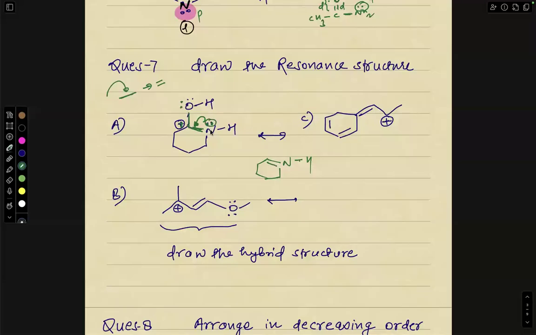You can see this bond has electrons, so it would become double. Nitrogen donates its lone pair of electrons, so nitrogen would be electron deficient, and it has a positive charge because it donated its lone pair of electrons. The C=O would remain the same. This oxygen has a lone pair and H. So this is the condition when nitrogen is going to donate. Clear? Now the second condition, when oxygen is going to donate like this. So same concept.